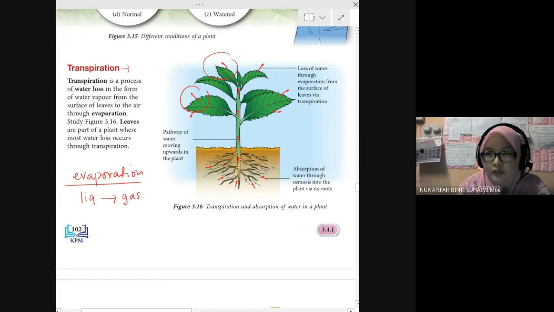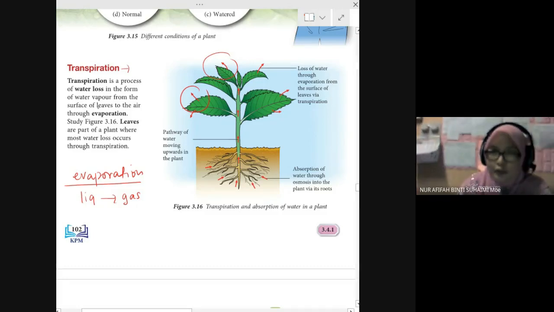Water that is absorbed by the root of the plant is transported to the leaf and evaporates through the leaf by evaporation, through the stomata, via transpiration. Loss of water through the evaporation process means from liquid to gas, from water to water vapor, from the surface of the leaf. Understand? Two terms here, transpiration and evaporation.